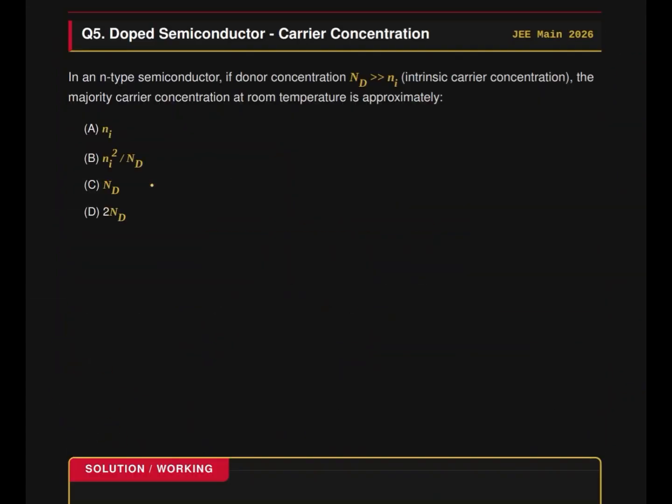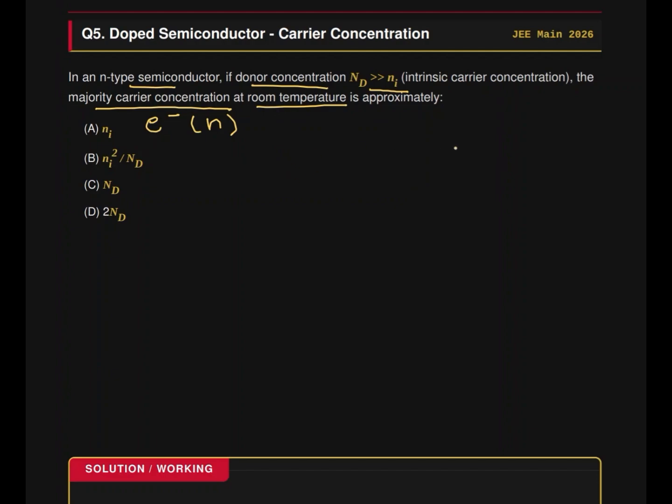Next, we have an N-type semiconductor with donor concentration N_D much greater than n_i, and we are told to find the majority carrier concentration. Majority in N-type is electron concentration, right? We need to find n at room temperature.